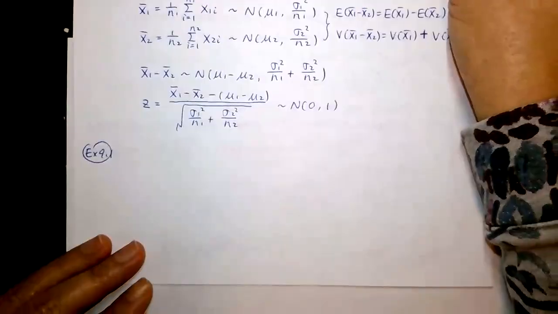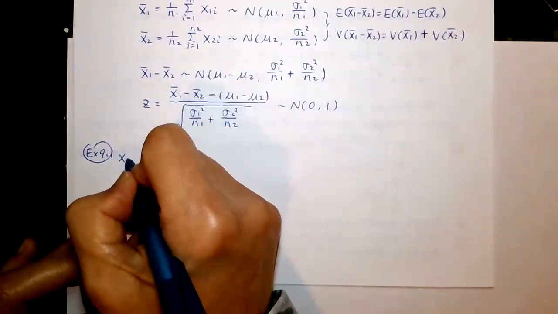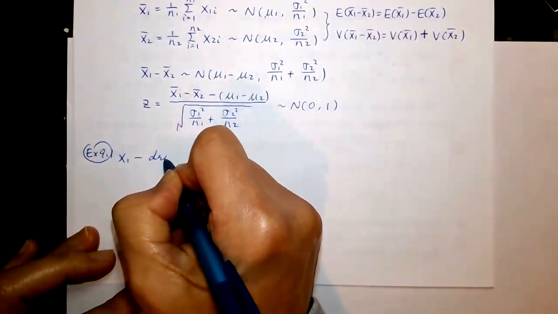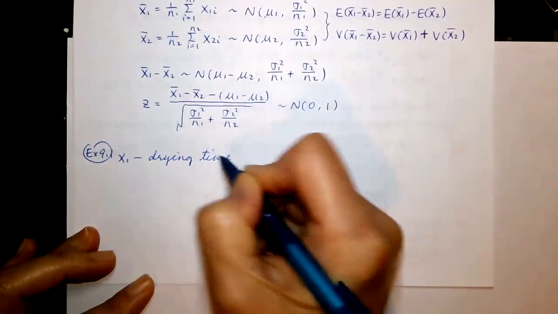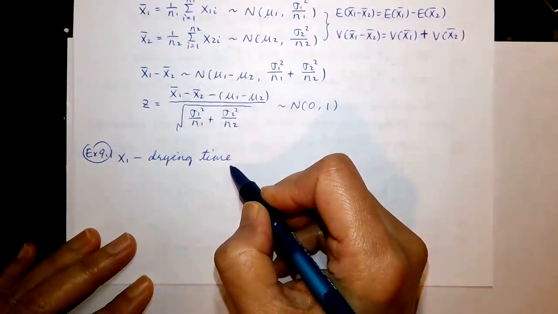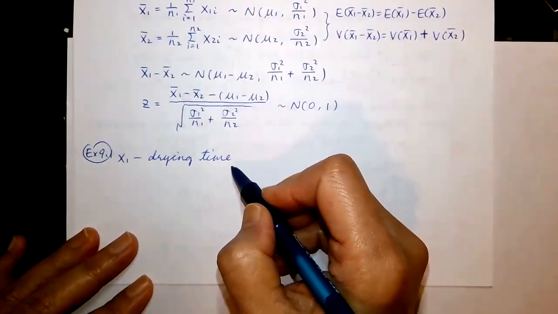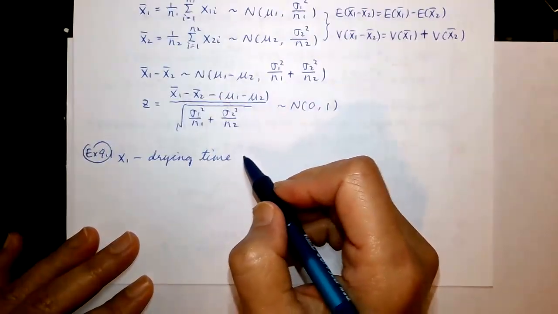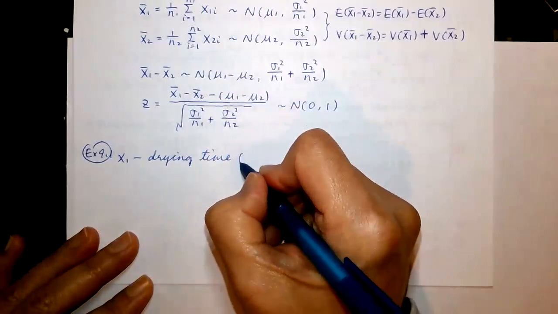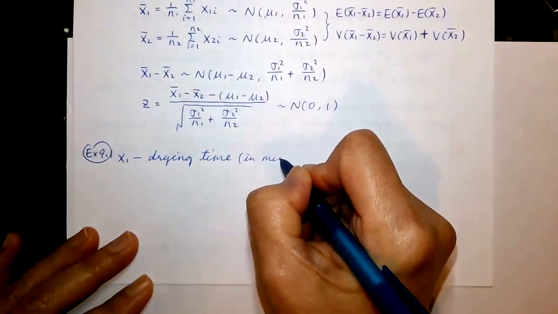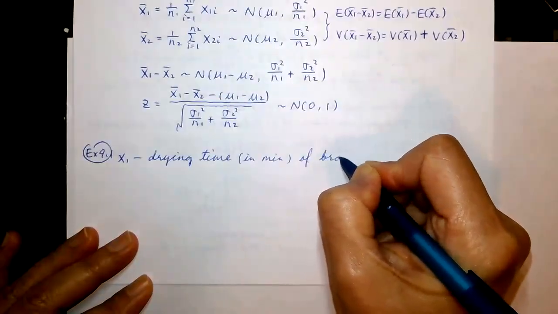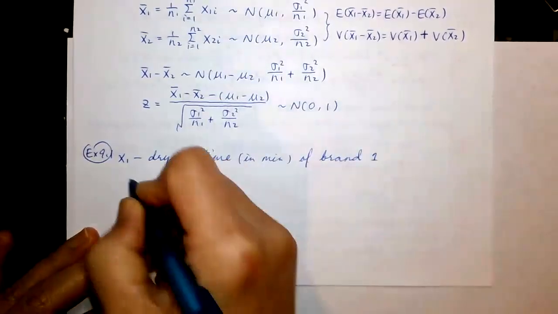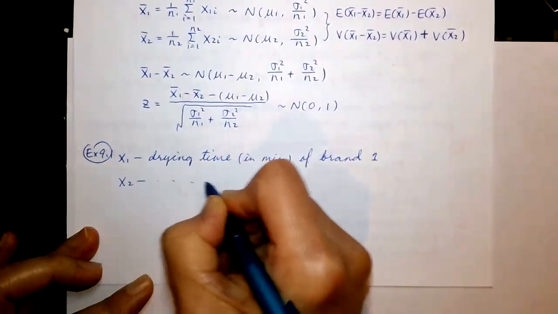We introduce X1 to be the drying time of brand 1. Okay, let's start. X1 is the drying time of what? Of using brand 1 if you paint once, right? If you paint a random thing once in minutes, of using brand 1.